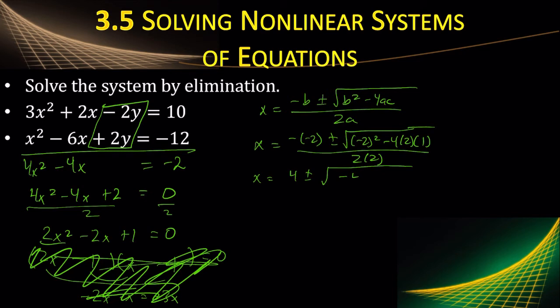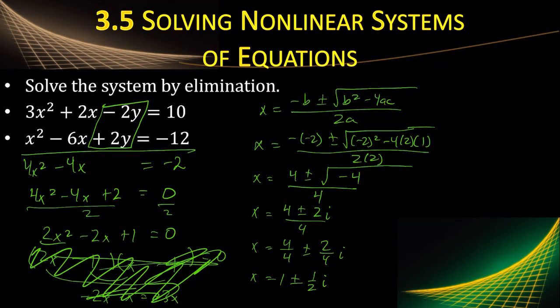I think that gives us negative 4. The square root of negative 4, the square root of 4 is 2, and the square root of the negative is i. So this would be 4 over 4 plus or minus 2 over 4i, or 1 plus and minus a half i.